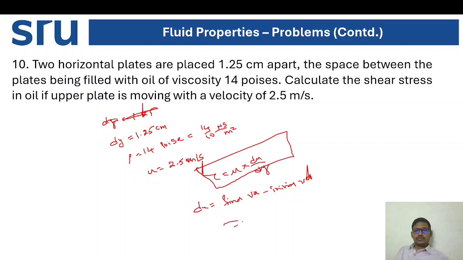Final velocity is given as 2.5, minus 0, equal to 2.5 meters per second.